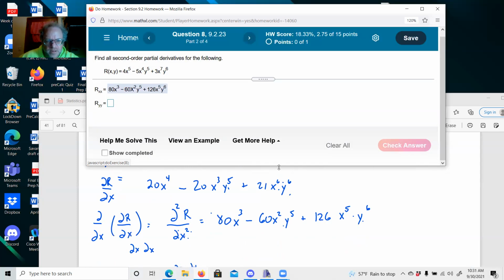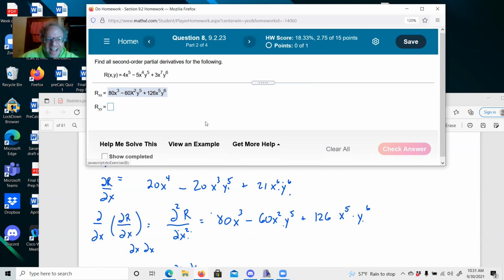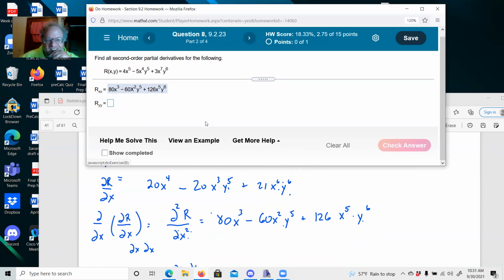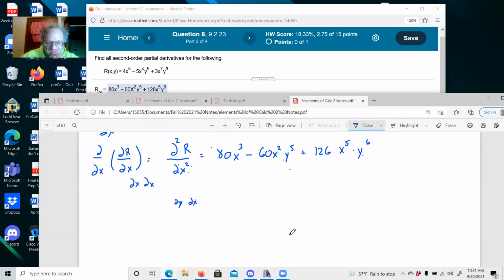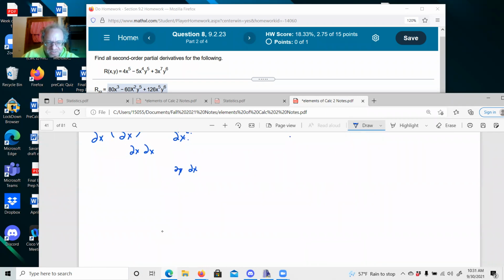All right, very good. Do the same thing. I knew they were going to ask us to get all second order partial derivatives. So we're back to the original function here. r is equal to 4x to the 5th minus 5x to the 4th, 5y to the 5th plus 3x to the 7th, y to the 6th.